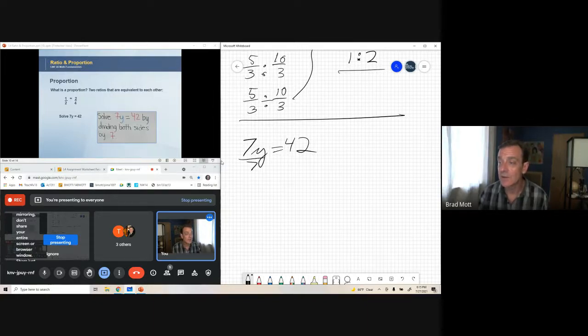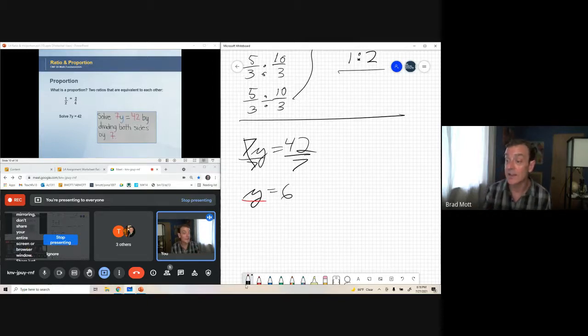So I'm just going to do this manually. 7/7 is the same as 1, so I just cross those out because 1 times anything is the anything. So 1 times y is y. I'll just rewrite that there. And 42 divided by 7 is 6. So we have solved for the unknown, in this case, y. And you're going to be using this algebraic idea in just a couple moments.